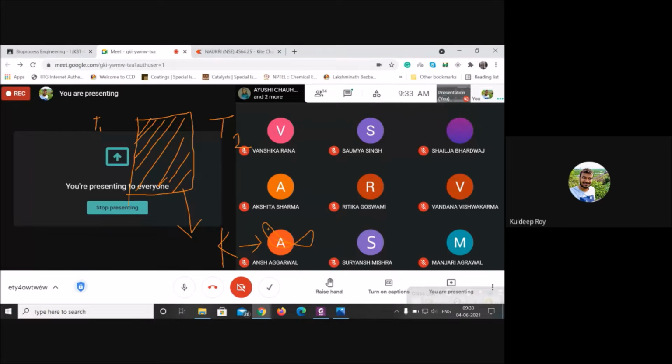This only exists in an ideal condition, and we have seen that Q is equal to minus K A delta T by delta X. If this term is infinity, which is the ideal condition, then what will happen? You cannot change this.